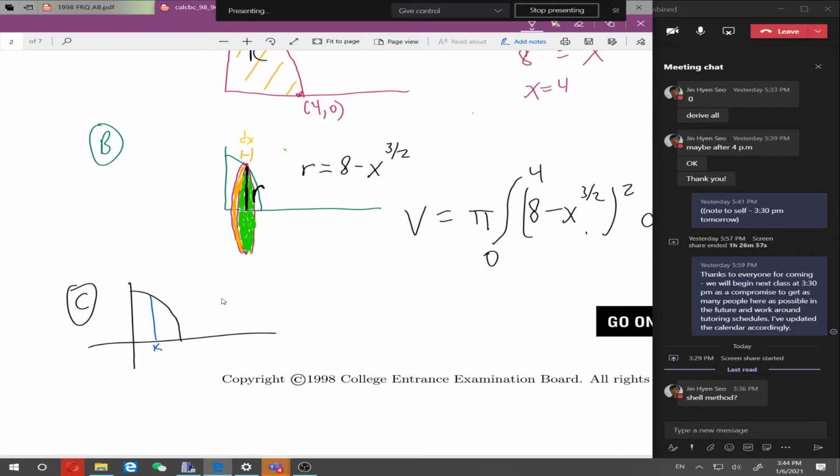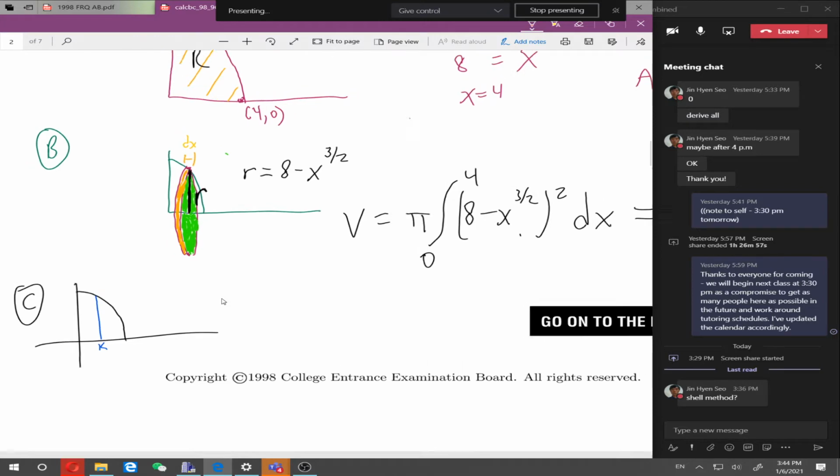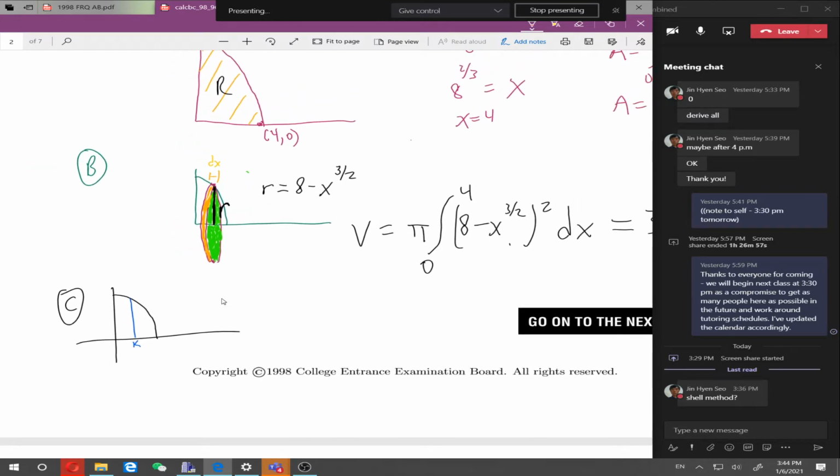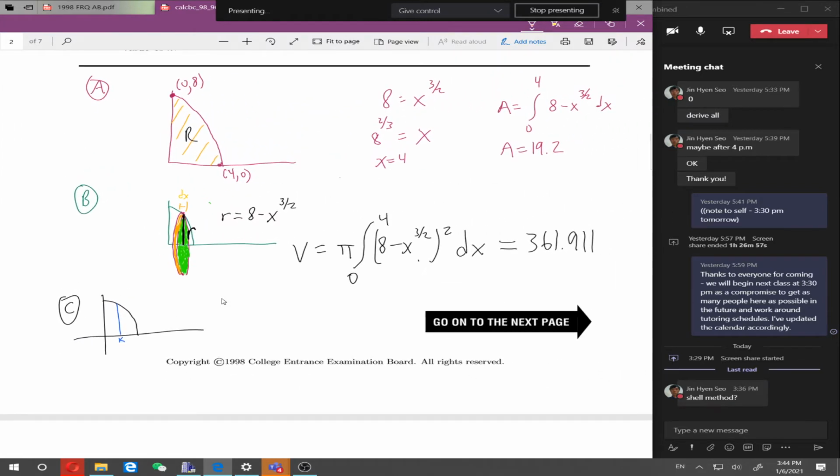Andrew, I'm going to jump to you. If we're going to split this volume in half, then what should the volume of each half be equal to? The volume of the semi-sphere divided by 2.